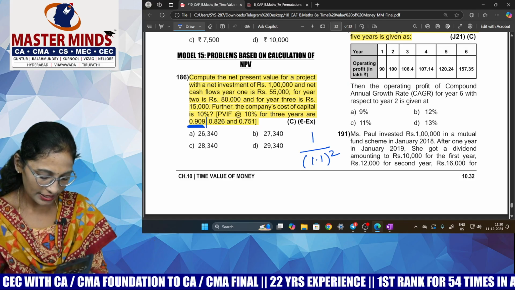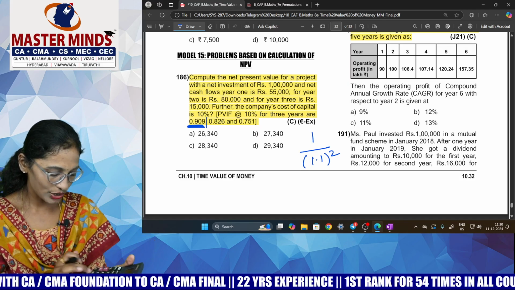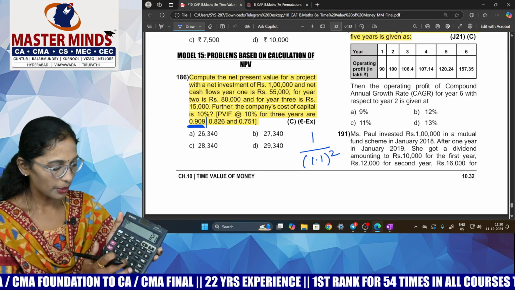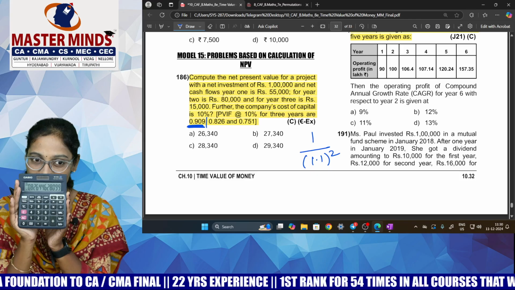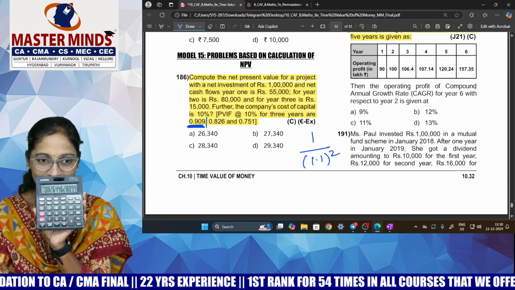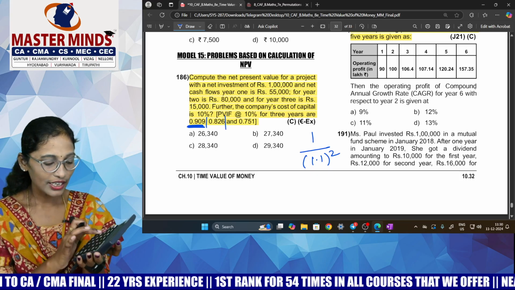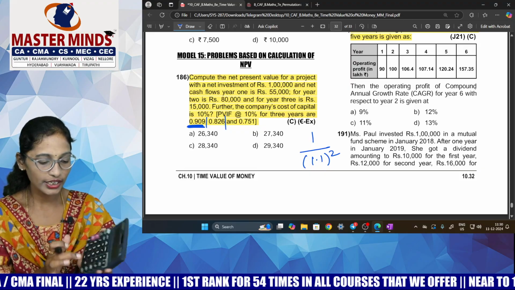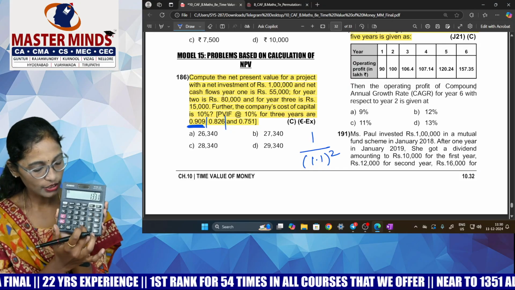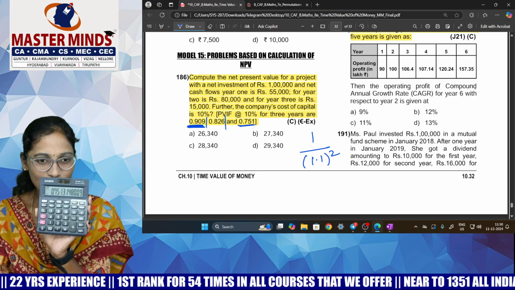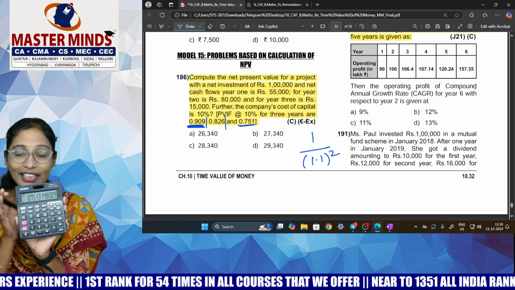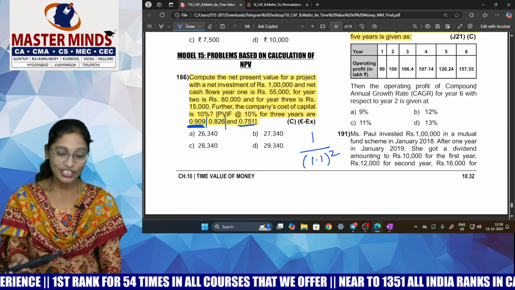Can you please calculate that? 1.1 whole square divided by equals to, may know how much is that? 0.826 అదేనా ఉంది? Yes. Next 1.1 whole cube చేయండి, divided by equals to ఎంత వచ్చిందో చూడండి. 0.751 నేనా? అంటే ఈ values మీకు ఆల్రెడీ ఇచ్చేశారు.